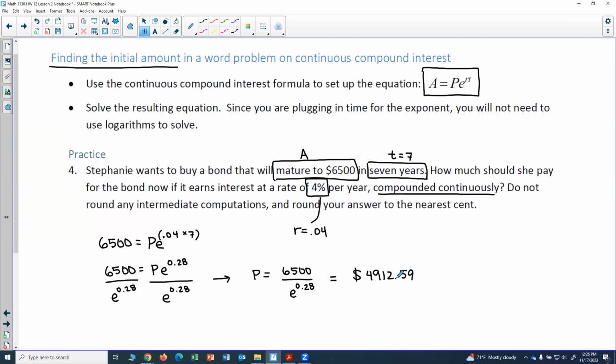So that would have to be her initial investment if she wanted to get the total up to $6,500 in 7 years. So we're using our compound interest formulas, and then we're using our knowledge of solving exponential equations in order to find the unknown.